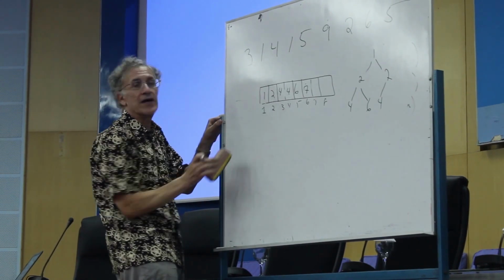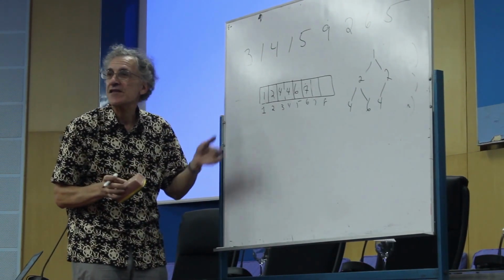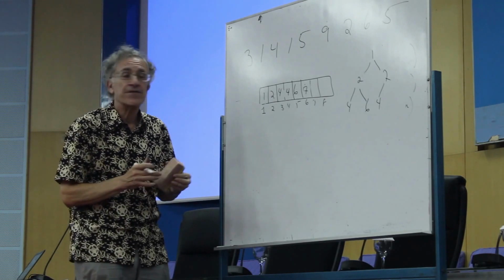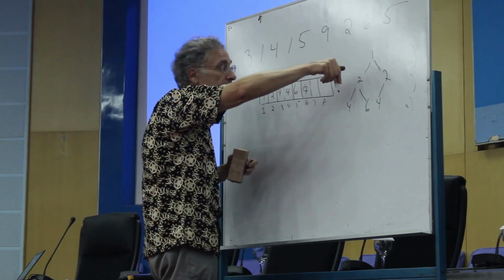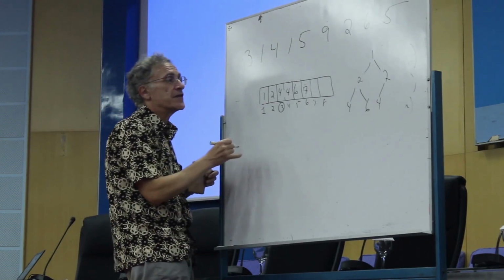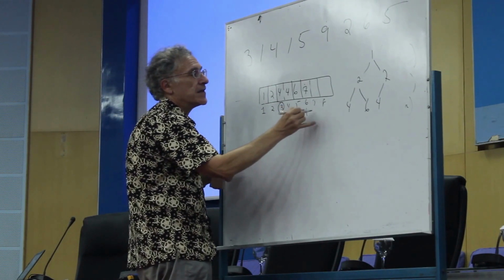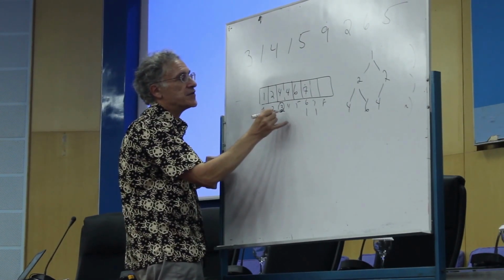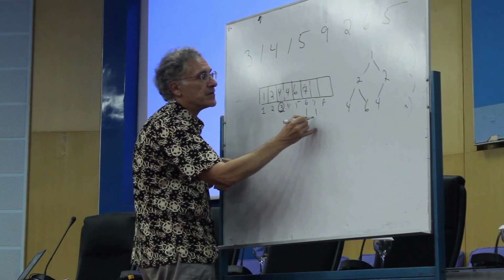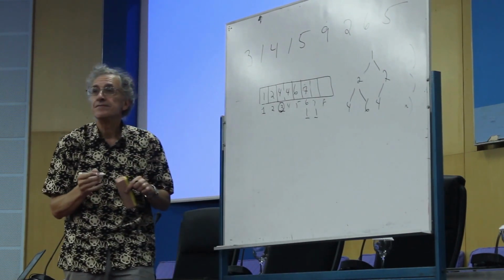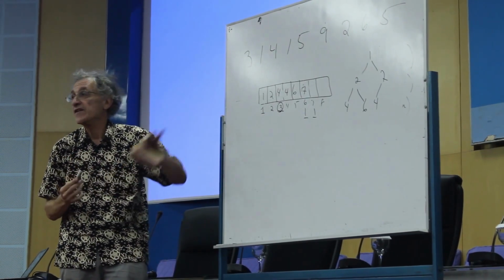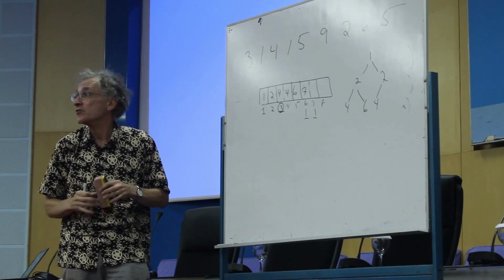There is the parent. So I don't need any pointers. It is all in an array. And to find the children, which I need for sifting down, where are the children of this? They are here and here. This is location 3, location 6, and 7. So this is the way to actually represent a heap in the computer.